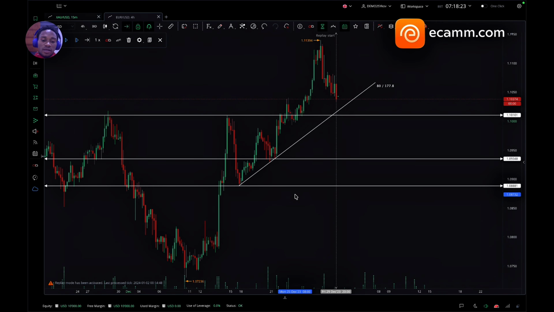It couldn't pass through that point. So you can store it in your brain that since it could not pass that point, that's why it's called resistance. So this line here we can call the resistance.